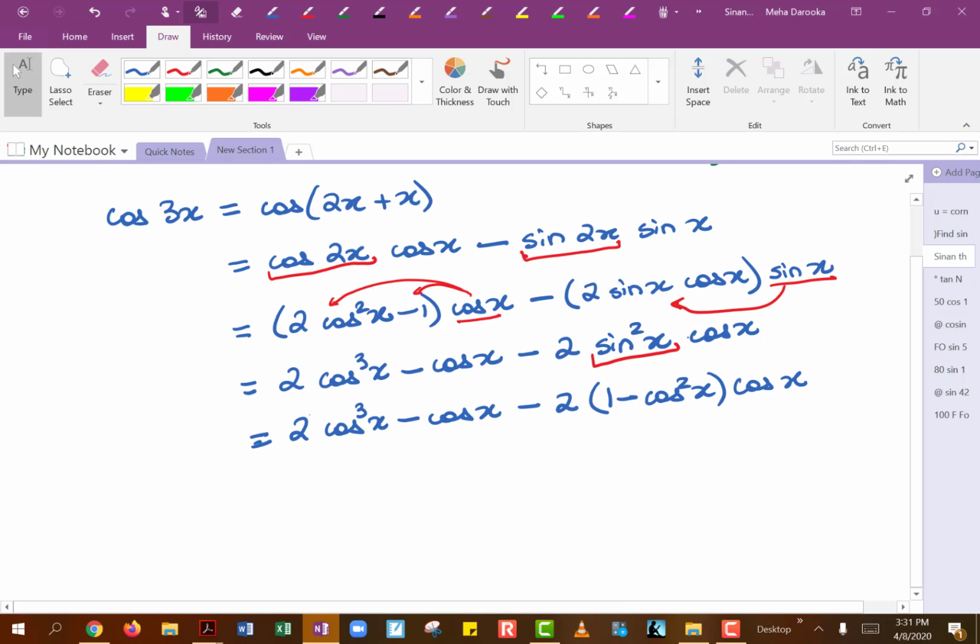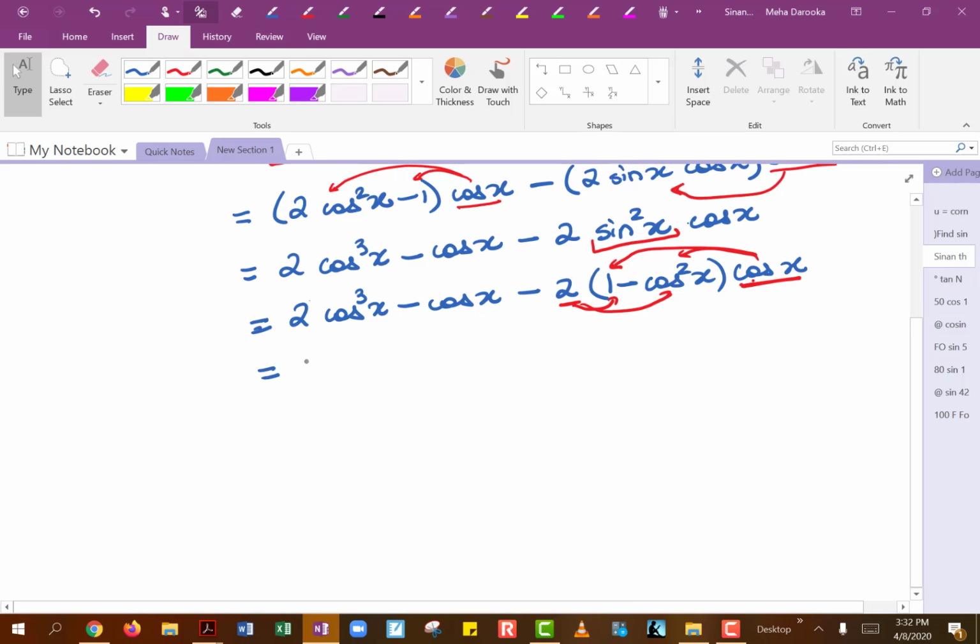Now, here's going to be the interesting part. You can actually think of this as being 2 cosine of x, right? So both of these actually need to be distributed inside the parentheses. Again, I'm going to write down my first part.